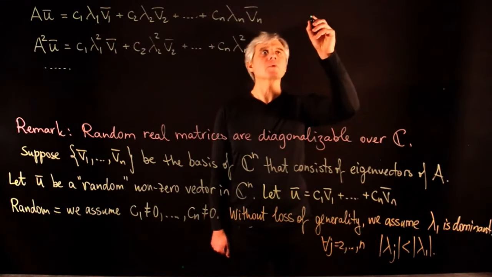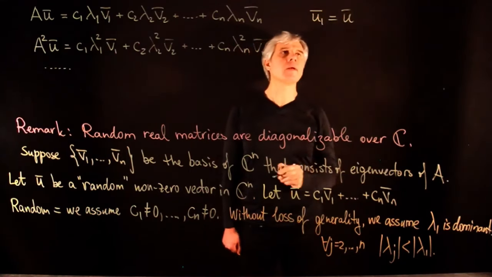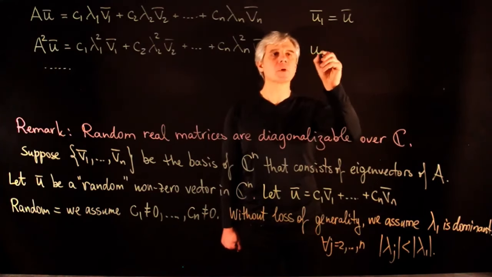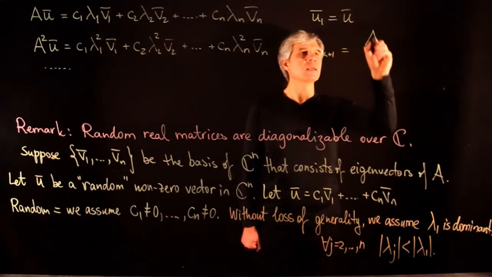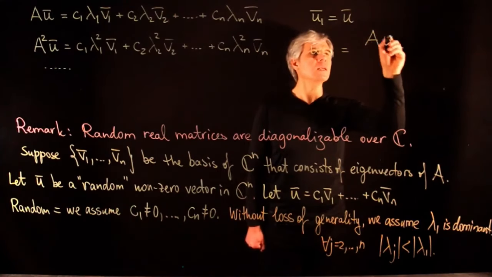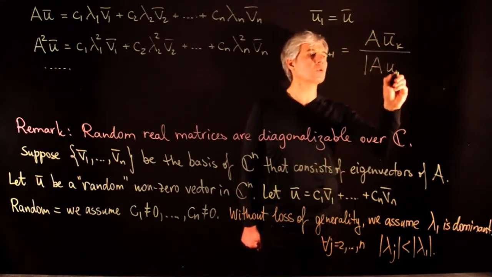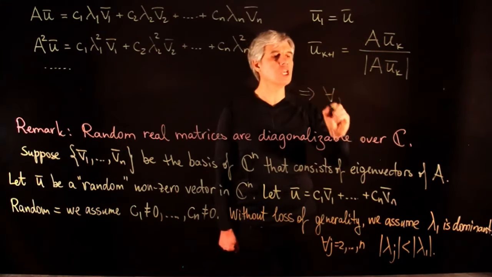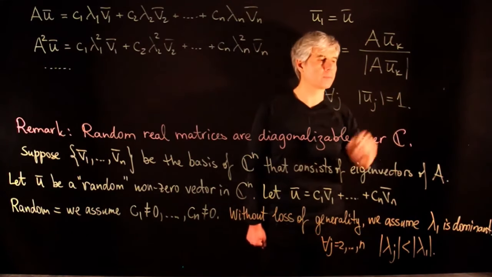So what we'll do is we will set that vector u1 is equal to u, and recursively we define a sequence of vectors where we say that u(k+1) is equal to A applied to vector uk, and then we divide by the length of the vector A uk, so that this ensures that for all j, the norm of our vector uj is equal to 1.